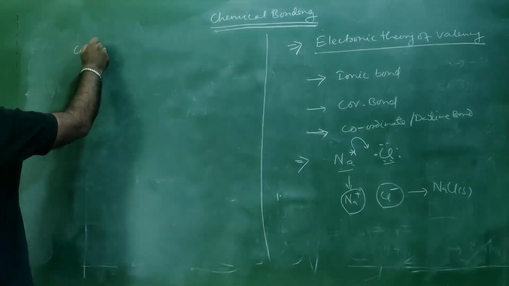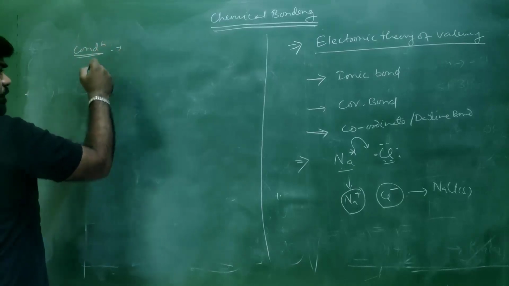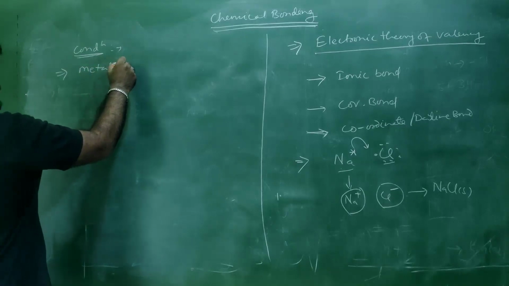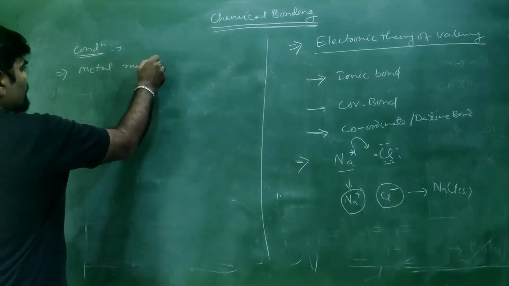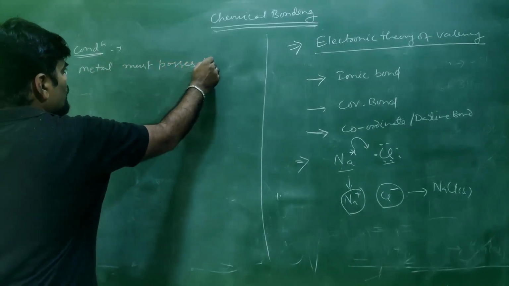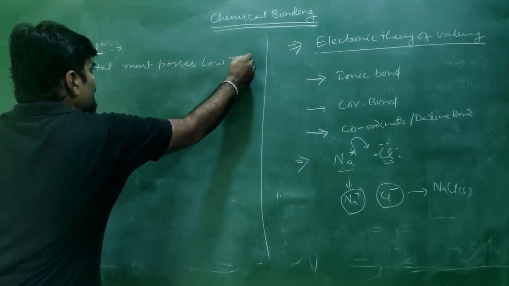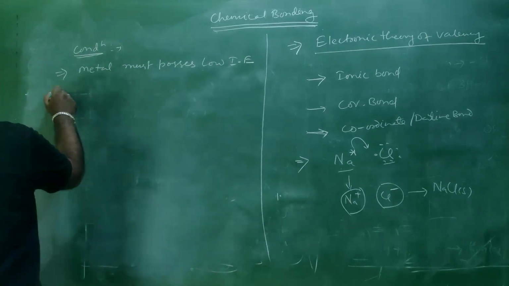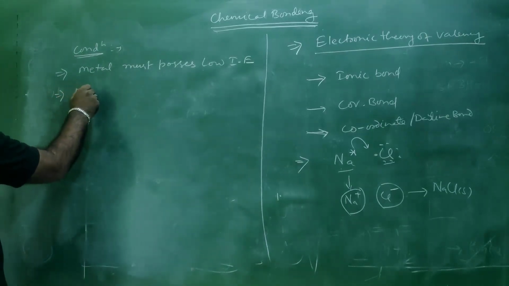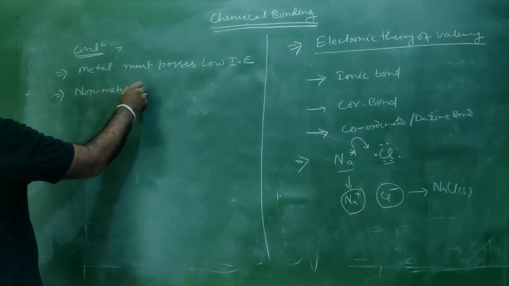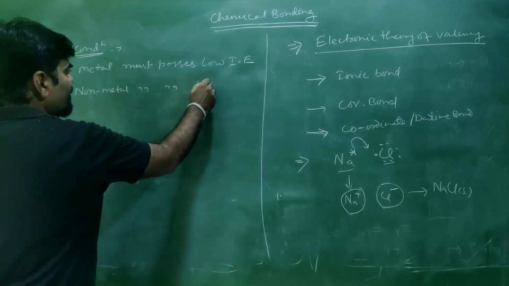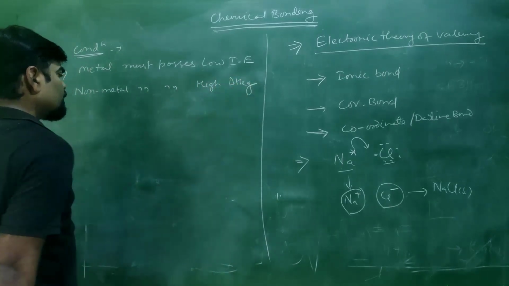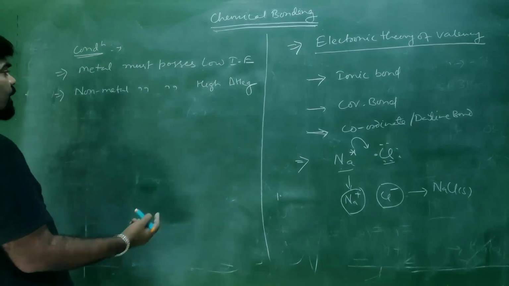The conditions for the formation of ionic bond are that the metal must possess a low ionization enthalpy. Low ionization enthalpy will favor the formation of ionic bond. Then the non-metal must possess a high value of electron gain enthalpy, which should be largely negative, to form ionic bond.